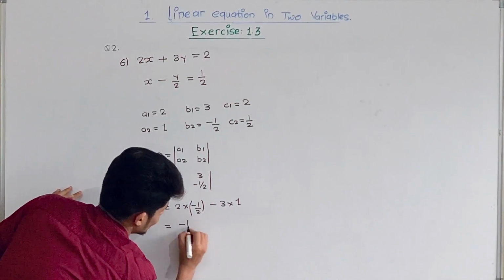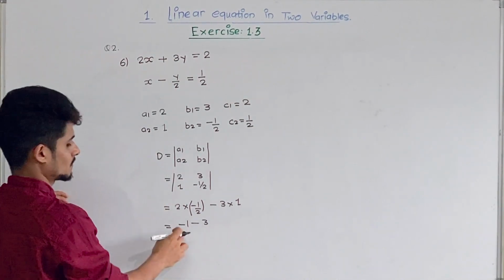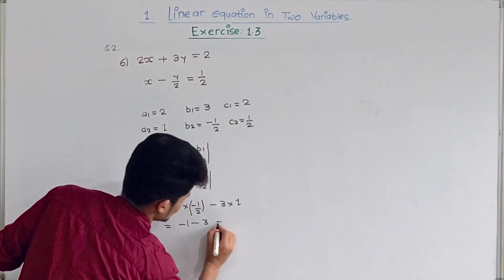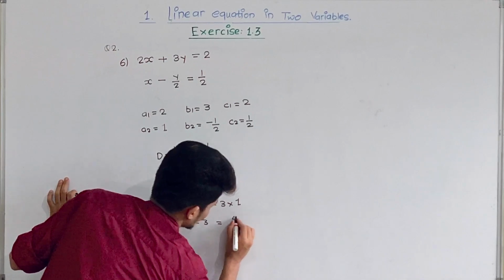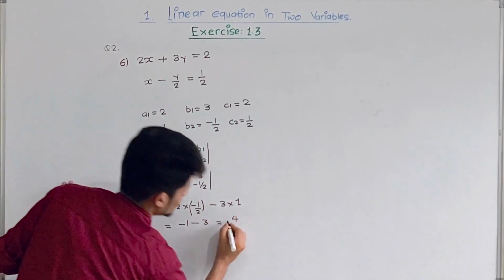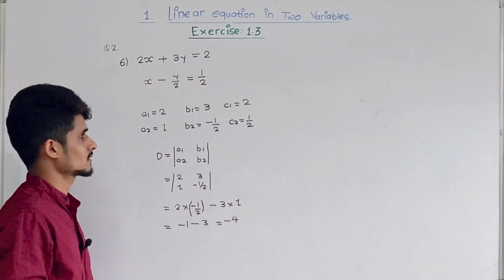So the value is minus 1, minus 3 into 1 is minus 3, minus minus plus, 1 plus 3 is 4 and the sign of a bigger number. So minus 4. The value of determinant is minus 4.